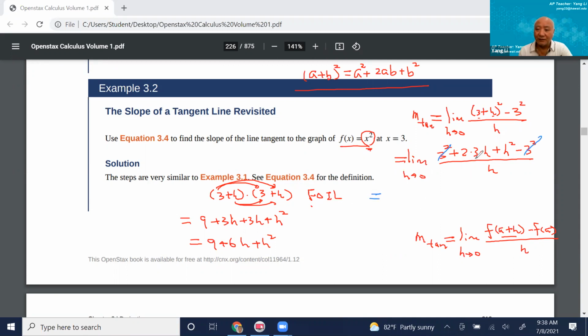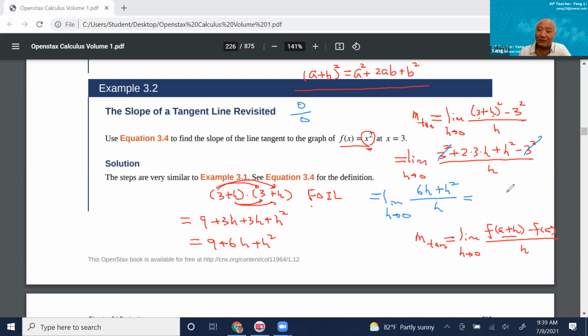So we get 6h plus h squared over h, and then take the limit as h approaches 0. Of course, you cannot plug in h equals 0 right now. You know why? Because if you plug in h equals 0, here is 0, here is 0, numerator 0, denominator 0, that's not good. That's indeterminate, of the 0 over 0 type.